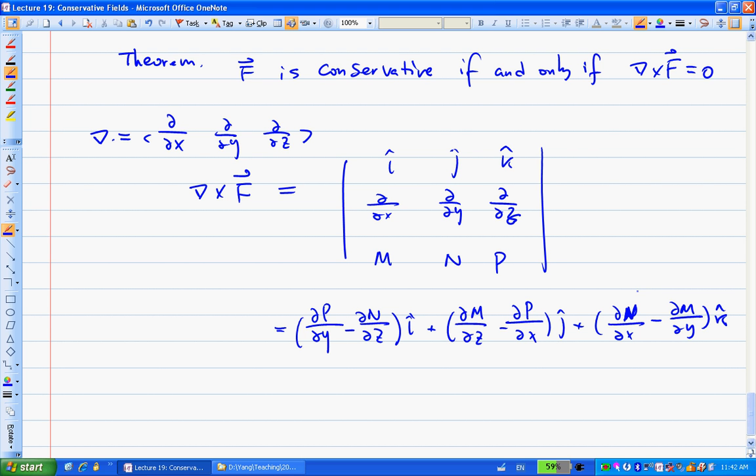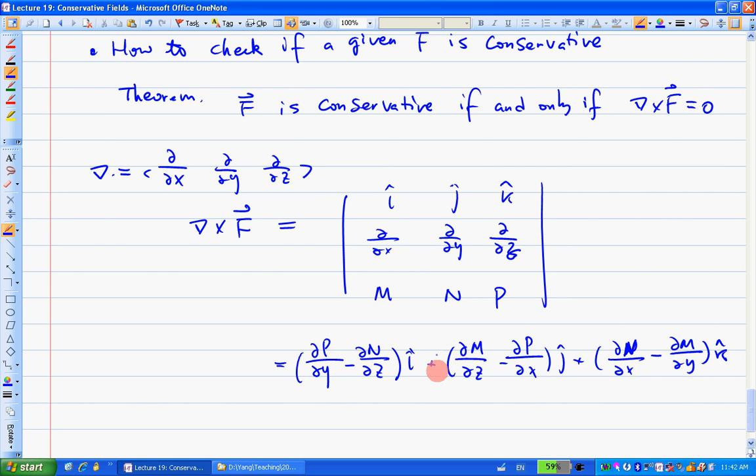So that's the result of this cross product. Some of you may think this is negative, but I already put a negative into the bracket, so that's positive there.